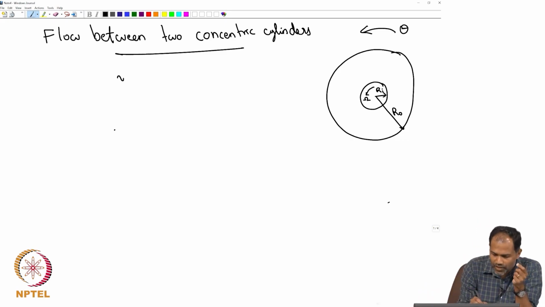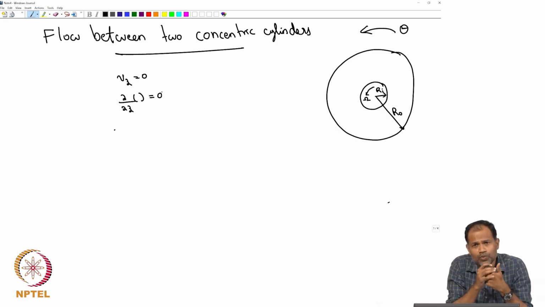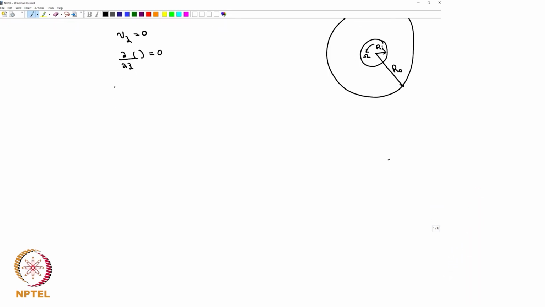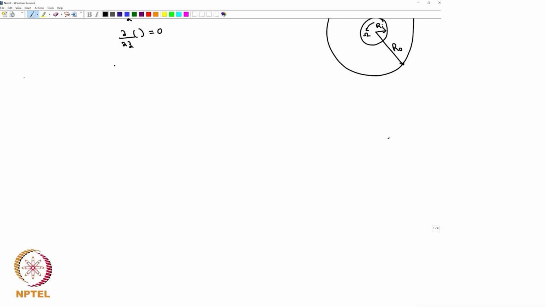and that is perpendicular to the plane. We will assume that Vz is equal to 0 and del by del z are also equal to 0, because the cylinder is infinitely long, perpendicular to the surface. There is nothing that is going to change in that direction. If that is the case, then let us see how the equations simplify. Okay. So, the first thing that we need to write down is the mass conservation equation.